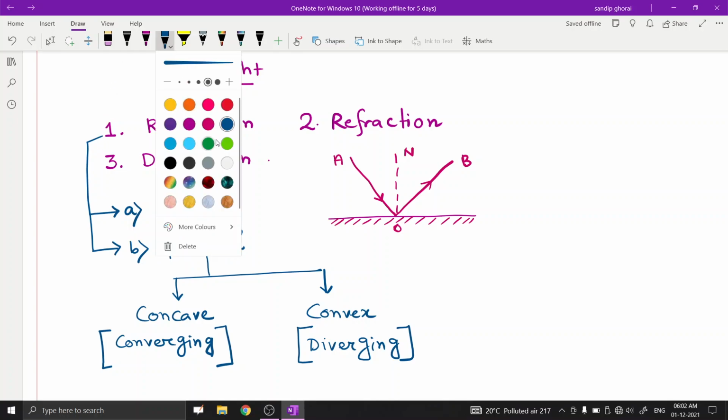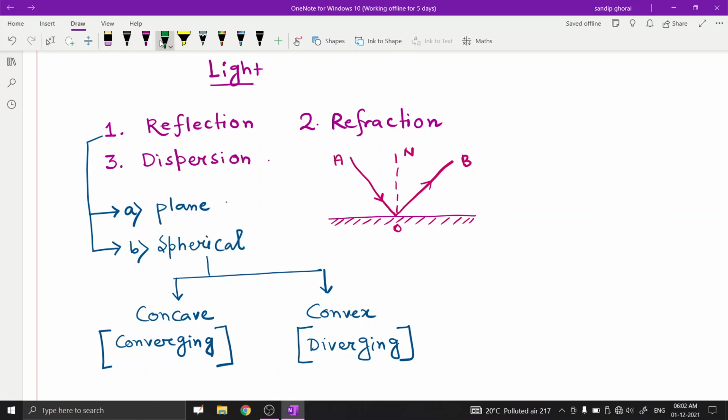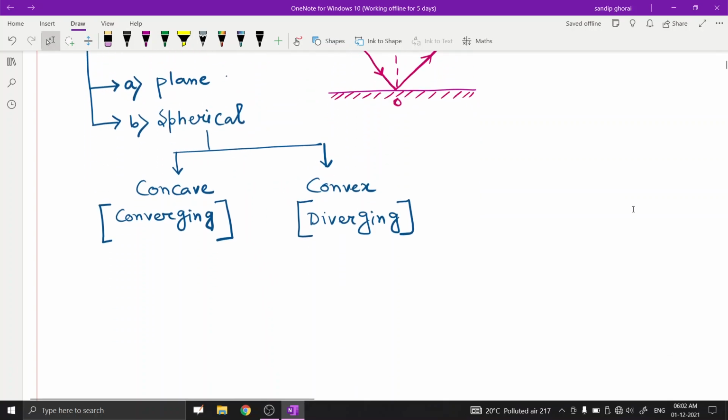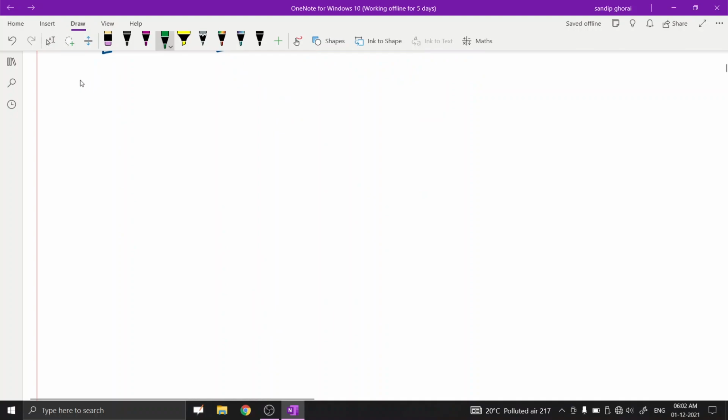Suppose we take a plane mirror. For this plane mirror, what is the image size? We already discussed in your class that the image formed by a plane mirror is a virtual image, erect and of the same size as the object.